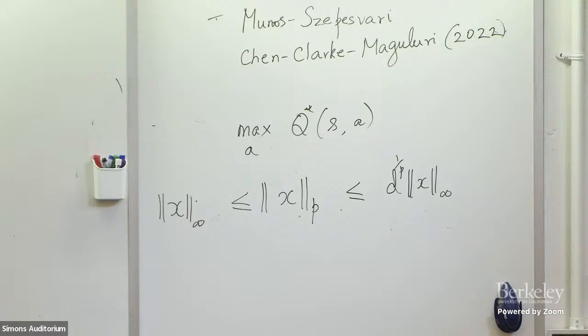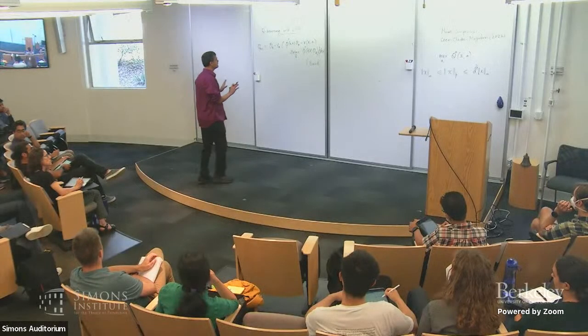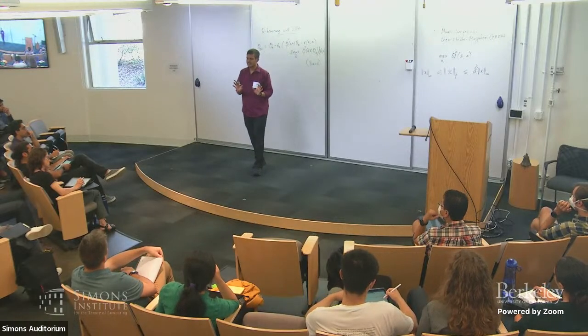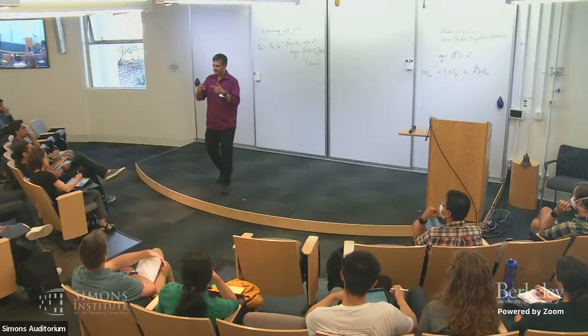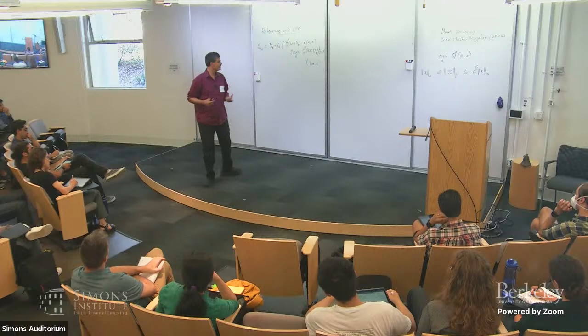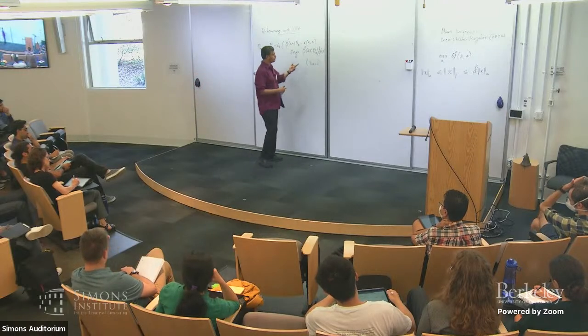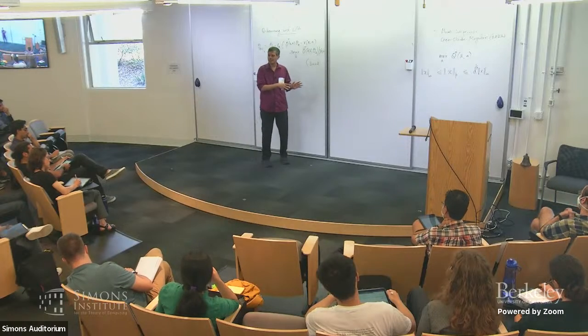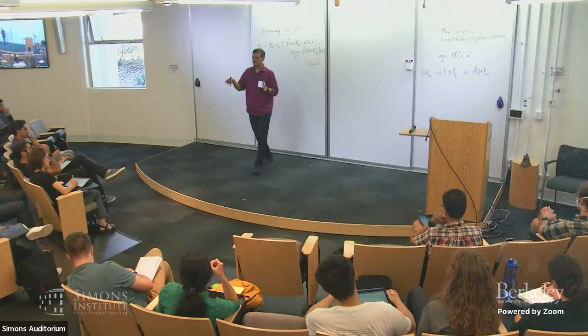Question: do you have some intuition for why it doesn't converge? Basically, it's the mismatch of the norms. Mathematically, at least, that's why you can't prove convergence. I don't remember how the counterexample works; it's somewhat involved. In the tabular setting, I used the P norm throughout.